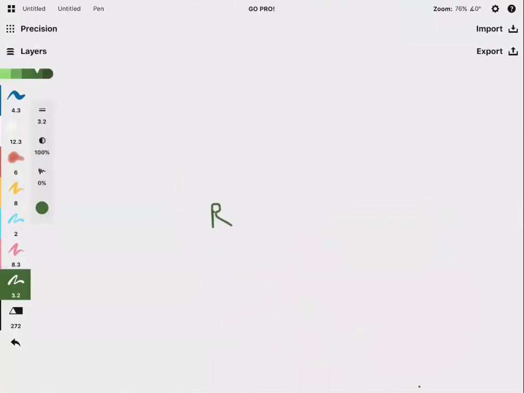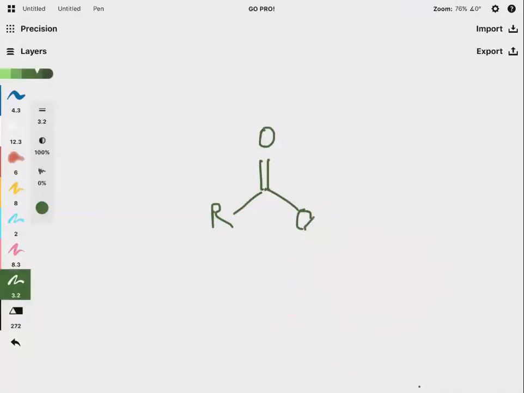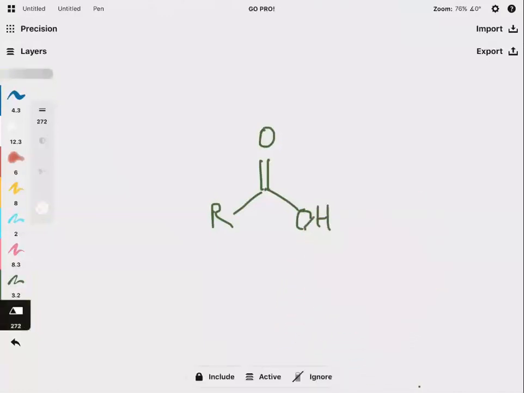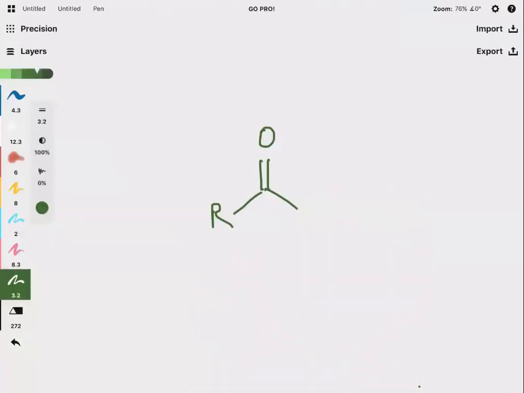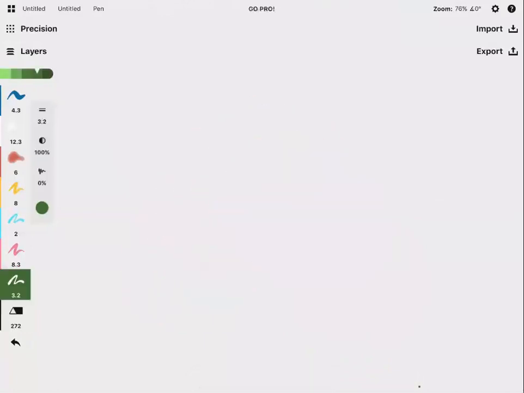Let's try again. Ketone, ester, carboxylic acid, aldehyde. And one last time. I'll just draw the structures out and you say them to yourself. I won't give you the answer.